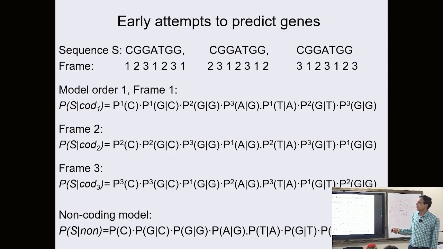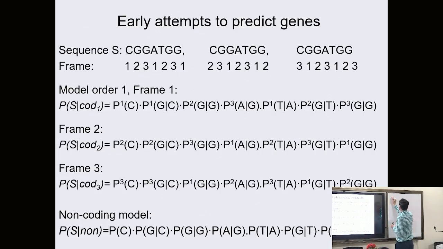Once you have computed these probabilities, you can plot them. What researchers did earlier was move a window over a genome and compute the probability of the sequence within the window to be protein coding in one of the 3 reading frames, or non-coding.